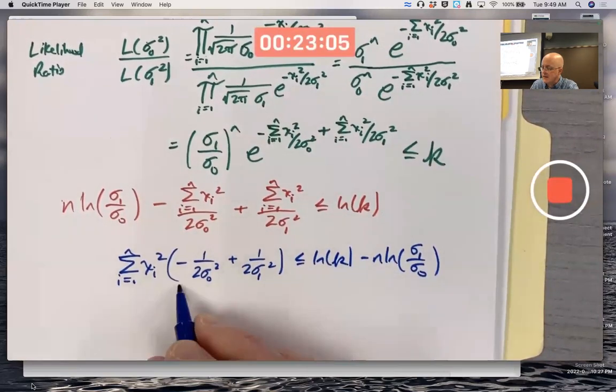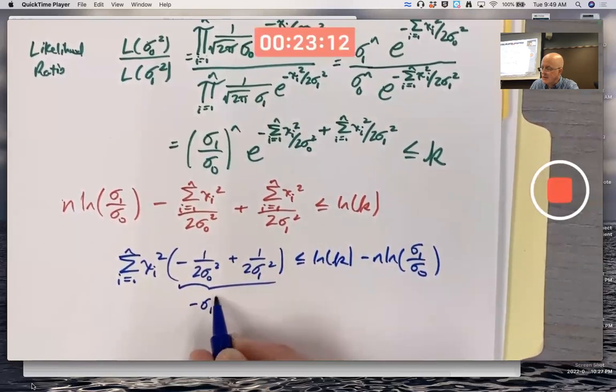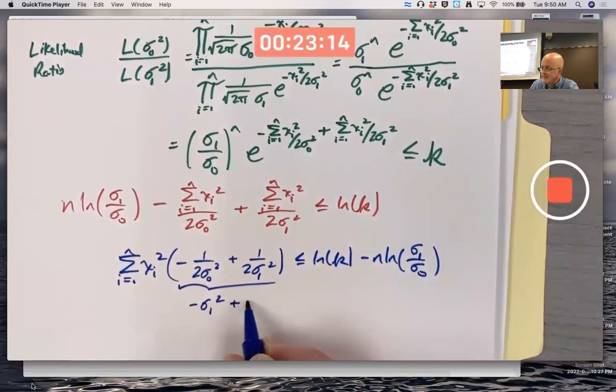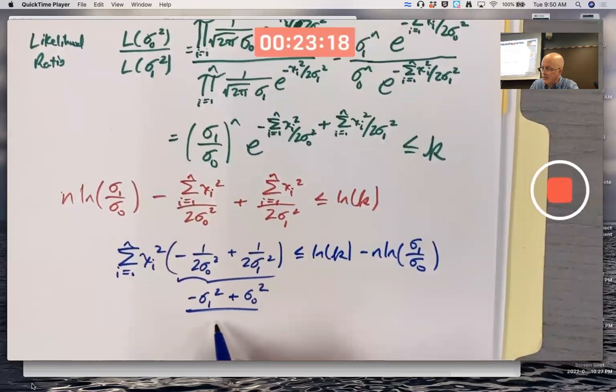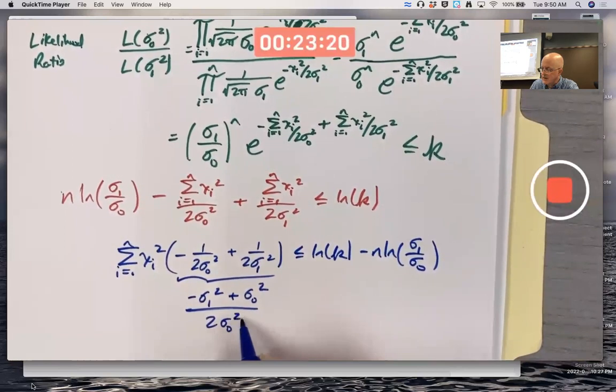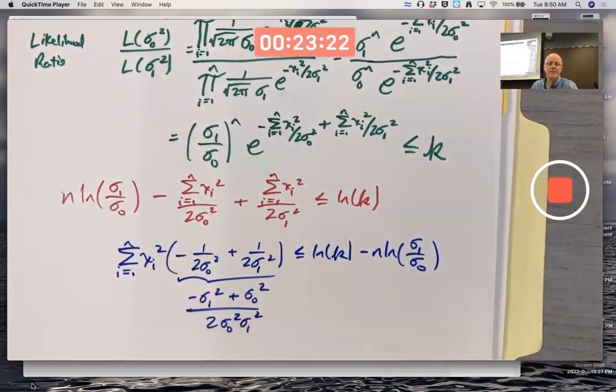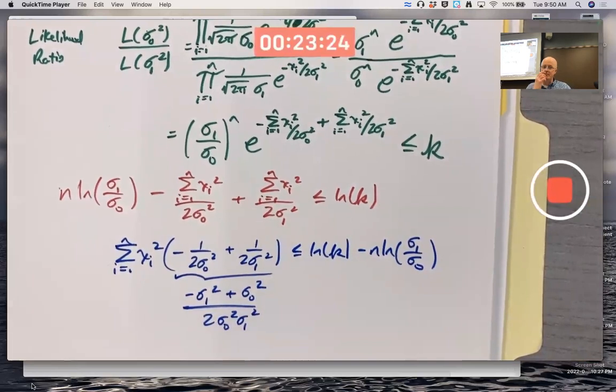So let's see, this would become, with that common denominator, negative sigma 1 squared plus sigma 0 squared over 2 sigma 0 squared sigma 1 squared. Certainly the bottom is positive. What about the top?